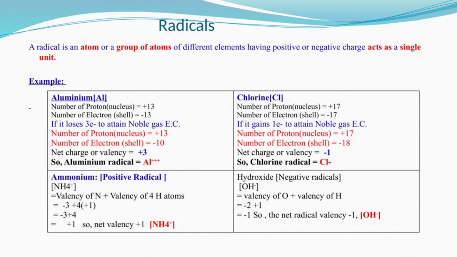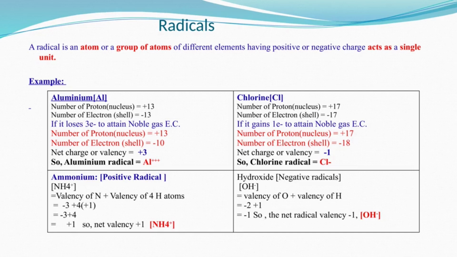Now look at chlorine. In chlorine, the number of protons in the nucleus is plus 17, having positive charge, and the number of electrons in the shell is minus 17. If it wants to gain the electronic configuration of a noble gas, it has 1 electron less in the outermost shell, so it will acquire 1 electron.